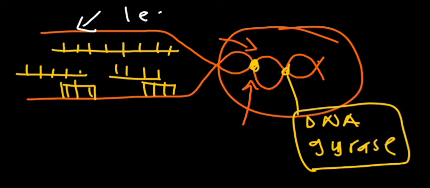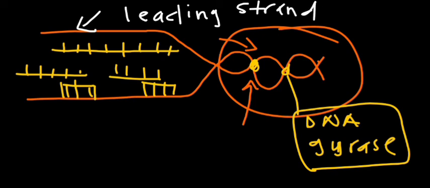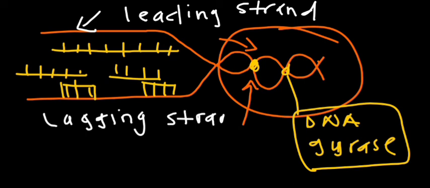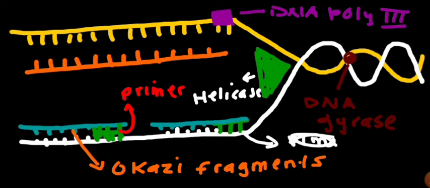The one which produces the discontinuous strand, or the Okazaki fragments, is called the lagging strand. So the lagging strand is this one. Now, DNA polymerase 1, what does it do?